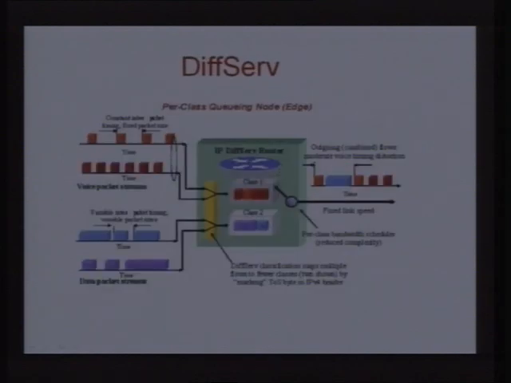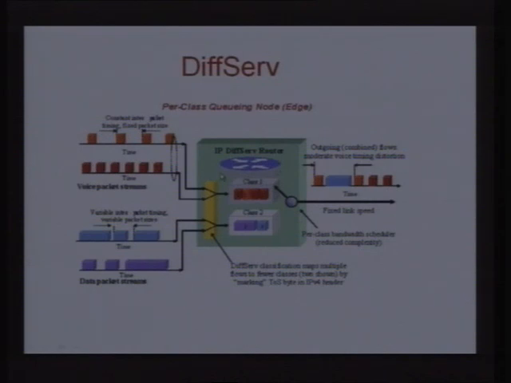Now let's see what type of treatment we give in Diffserv. Suppose there are 4 different applications coming from 4 different hosts. Out of these 4 hosts, 2 hosts are generating voice packets and 2 hosts are generating data traffic.